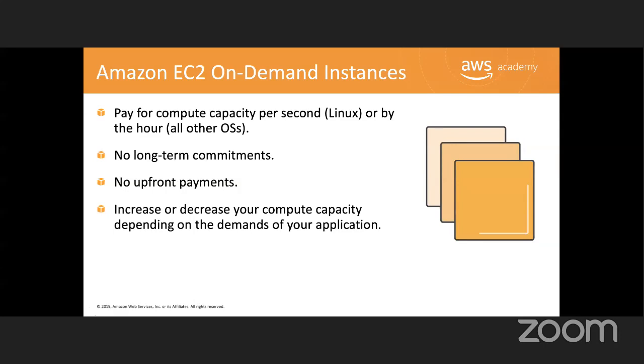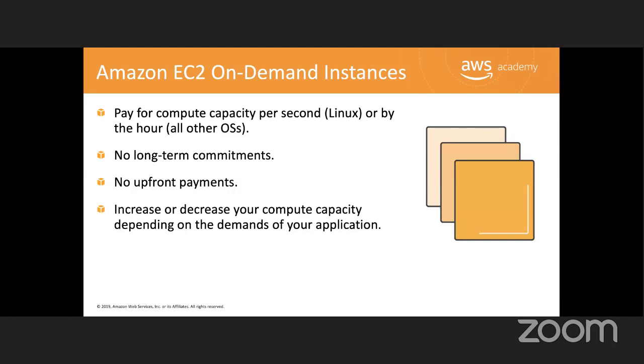So Amazon EC2 on-demand instances, you know that already. You pay for compute capacity per second for Linux, or by the hour on all other operating systems. No long-term commitments. This is for unpredictable spiking of EC2 instances and traffic. There are no upfront payments for on-demand.